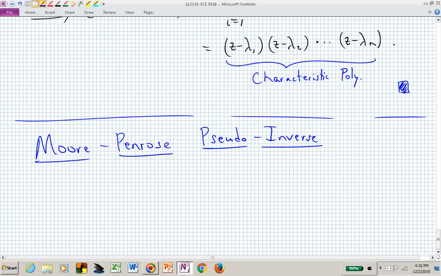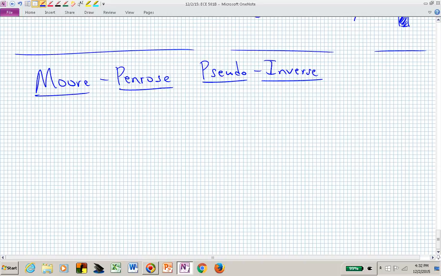And he's a fairly prolific author of more than just math. He blends math and physics. But he now has his name attached to this pseudo-inverse.